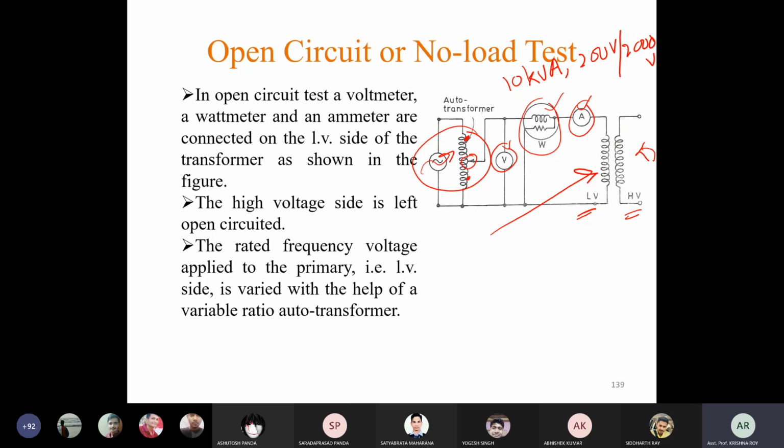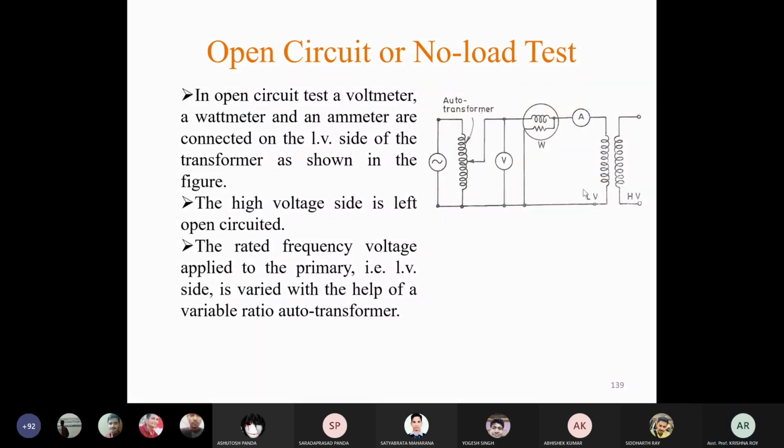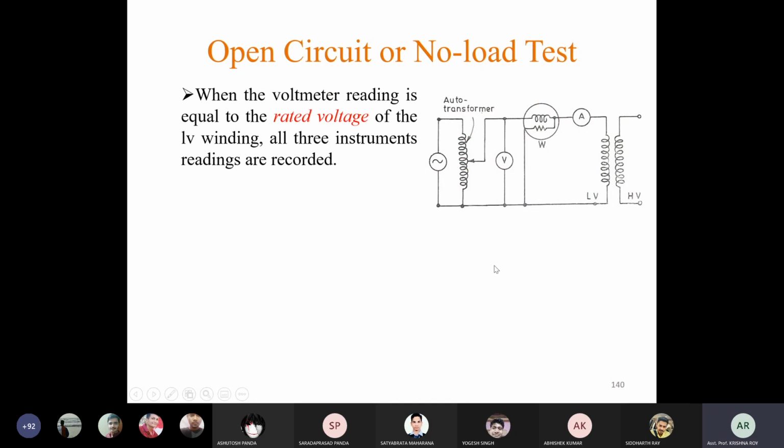Okay, so here rated voltage means we have to apply 200 volt at rated frequency, which is 50 hertz in our country. So rated voltage is applied by using this auto transformer to the low voltage side. Then what happens?